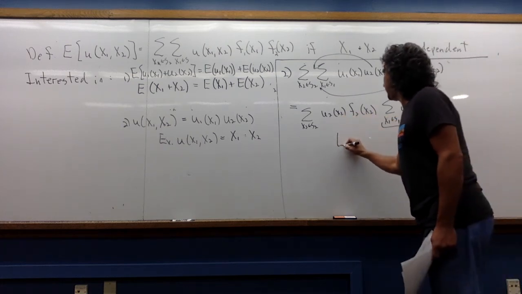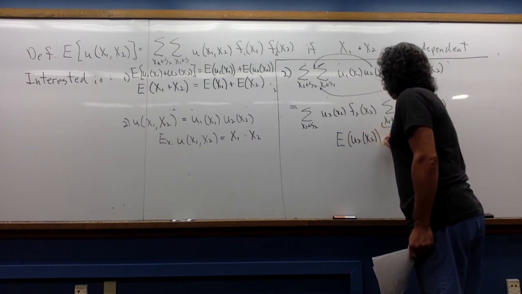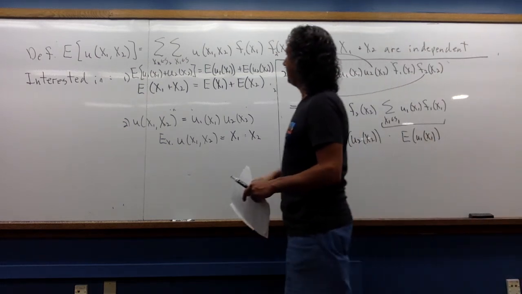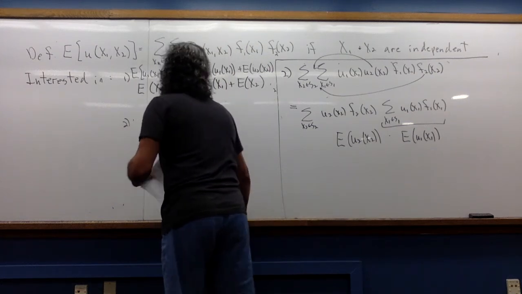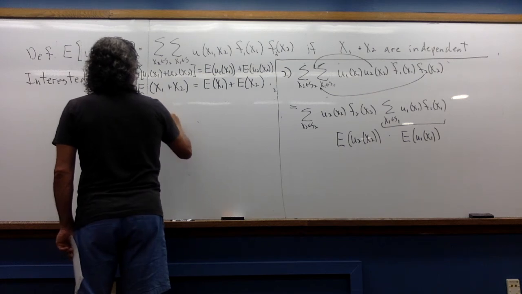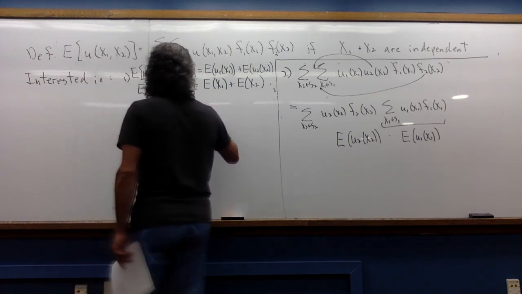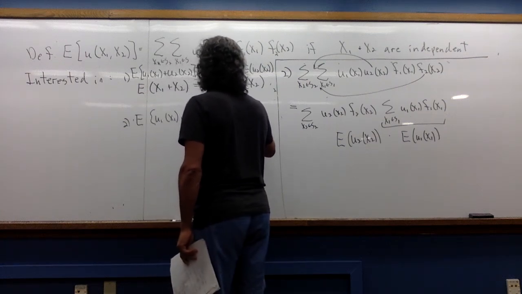This is, by definition, the expected value of u2 of x2. So this tells me that if I'm looking for a product, the expected value of u1 of x1 times u2 of x2, then that's equal to the product of the expected values.